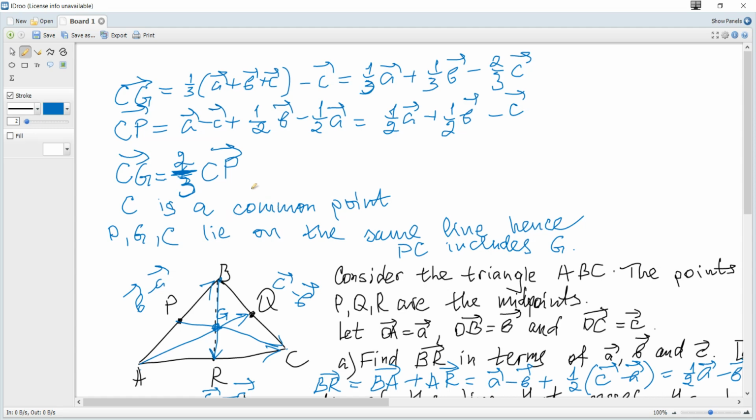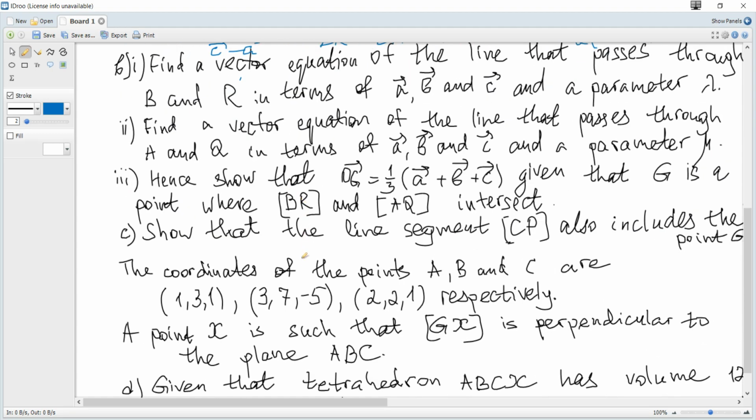Also, since C is a common point, it implies that the three points lie on the same line, and hence PC includes G as required.